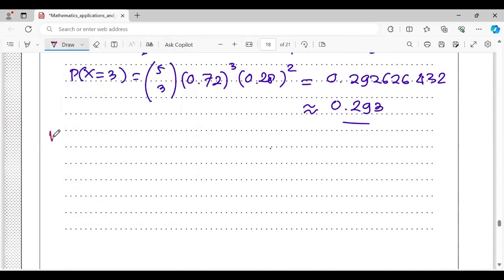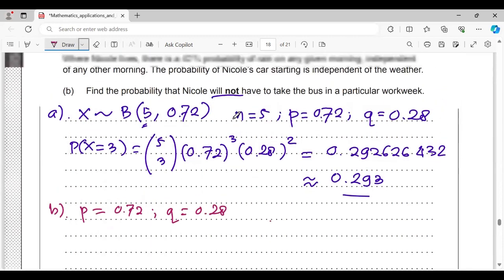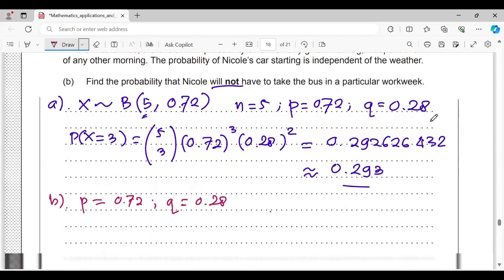B. P equals 0.72, so it means Q equals 0.28. We have calculated this.